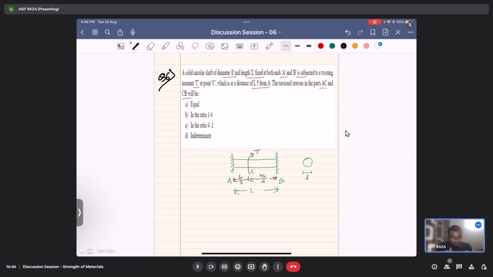So this solid circular shaft is fixed at both ends A and B, and the twisting moment T is applied at C, and this C is at a distance L by 5 from A. Now we need to find the torsional stresses in the parts AC and CB.